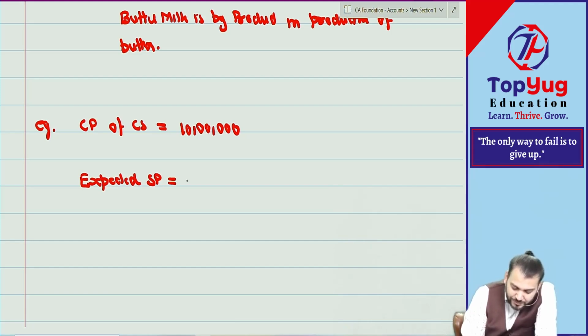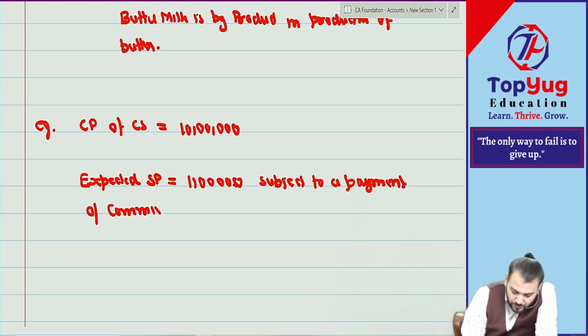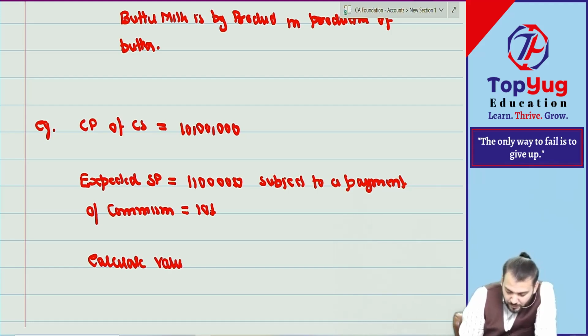Expected sale price 11 lakh, subject to a payment of commission of 10%. Calculate what? Value of closing stock. It's a simple question I have given.